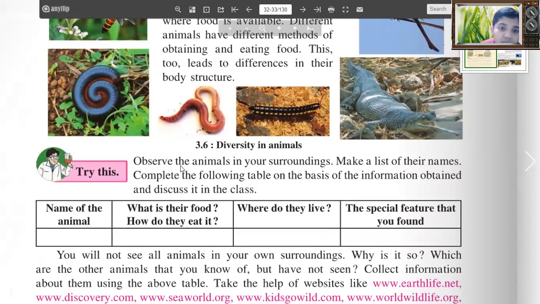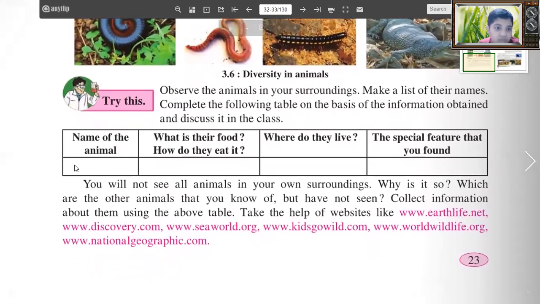Try this. Observe the animals in your surroundings. Take a list of their names. Complete the following table on the basis of information obtained and discuss in the class. You will not see all animals in your own surroundings.